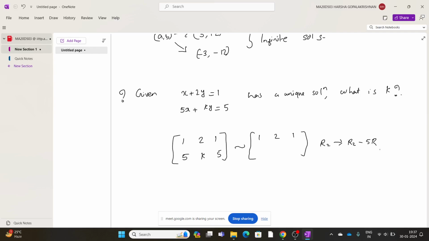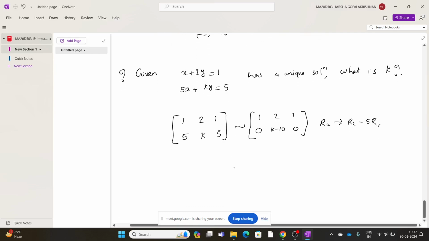In row echelon form, if 1 is there, below that it should be 0. So to make 5 zero, we do 5 minus 5 times 1. We do that here also: k minus 10, and 0. Again, it is given it has a unique solution.